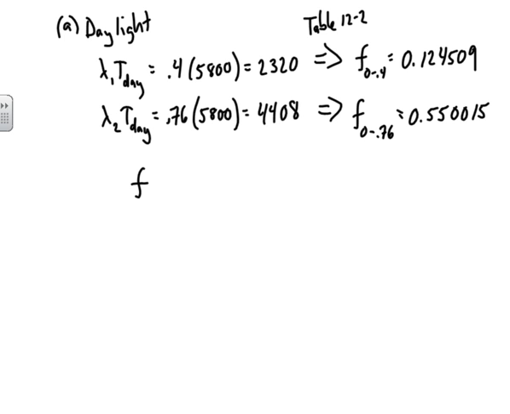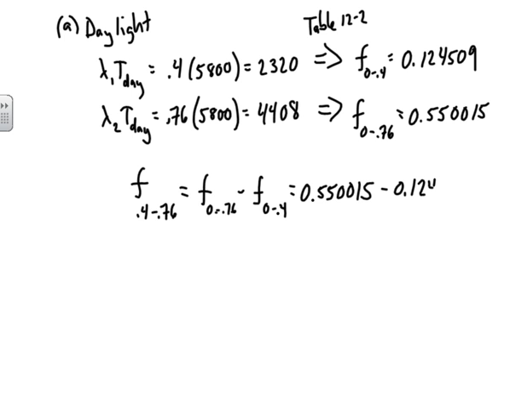So to find the fraction only within the visible spectrum, 0.4 to 0.76, it's f from 0 to 0.76 minus f from 0 to 0.4, which is 0.550015 minus 0.124509.